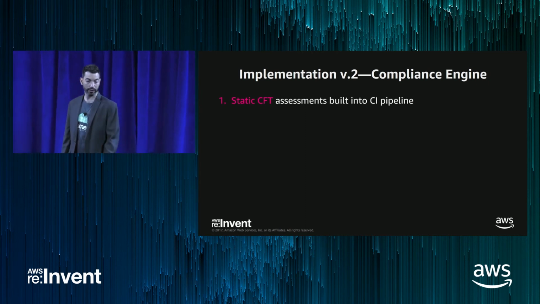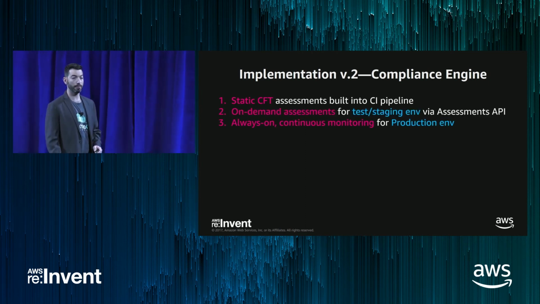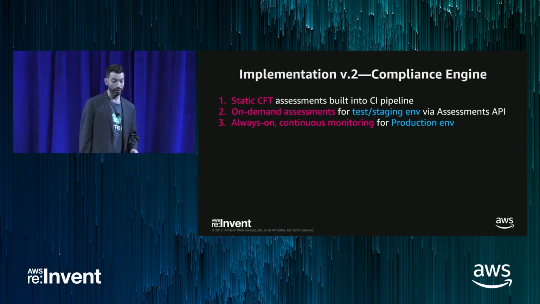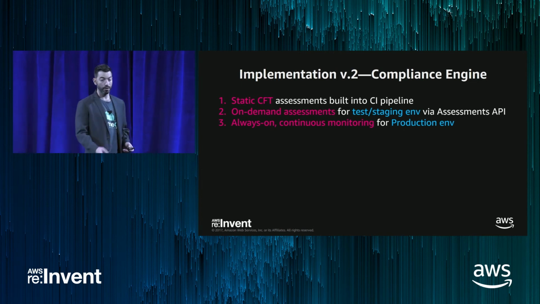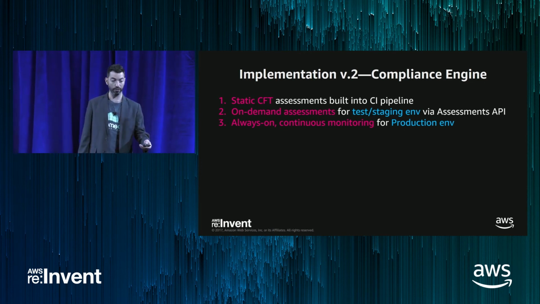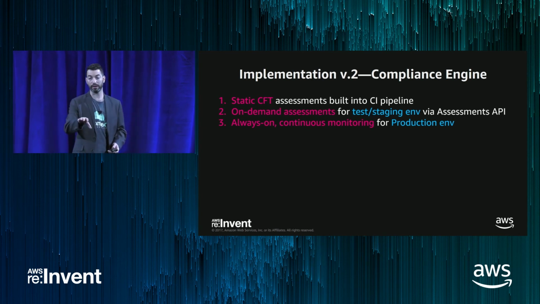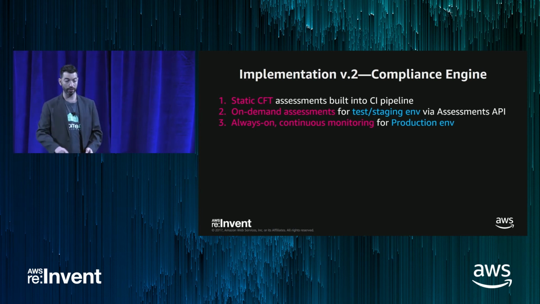So the next implementation of our pipeline, V2, is going to be based on that technology. We're going to utilize a few key capabilities of the system. The first capability, it's actually number 2, is the capability to run assessment on a live environment. We're going to use that via API in order to reason about our live environment.